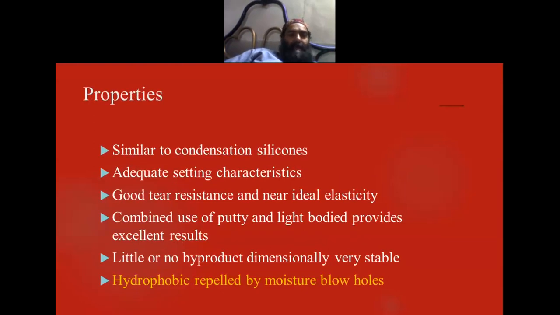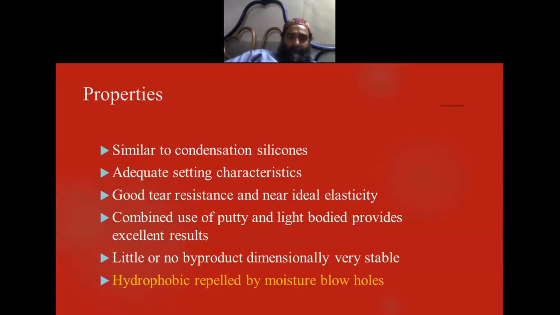Properties similar to condensation silicones. Adequate setting characteristics, good tear resistance and near ideal elasticity. Combined use of putty and light bodied provides excellent results, already described.